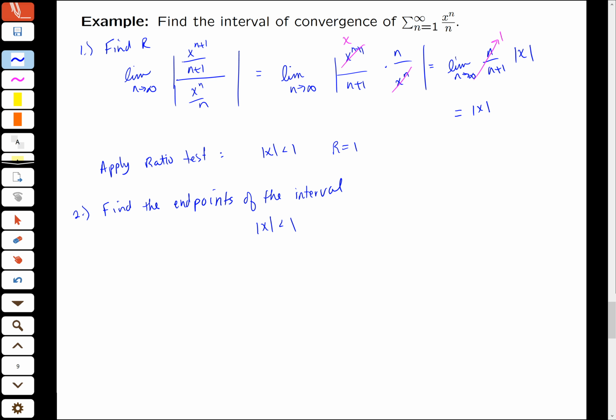So when I do that, I'm going to have minus 1 is less than x is less than 1. That's what the absolute values tell you. Make negative, put it on the left, keep it positive, put it on the right. These are my endpoints right here. So I have x equals negative 1 and x equals 1. Now I have to check and see if the series converges or diverges at the endpoints.